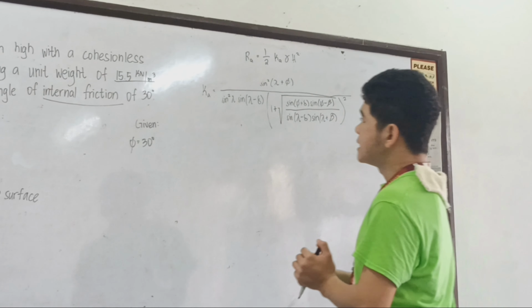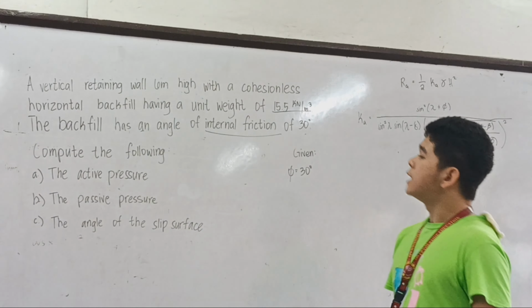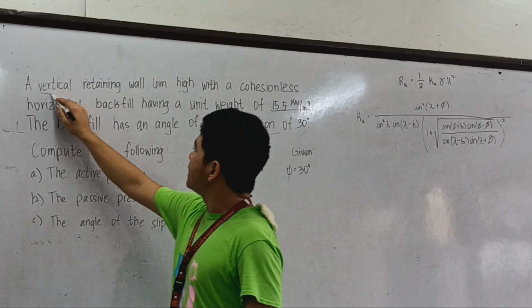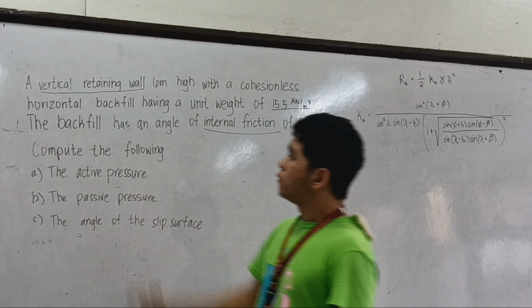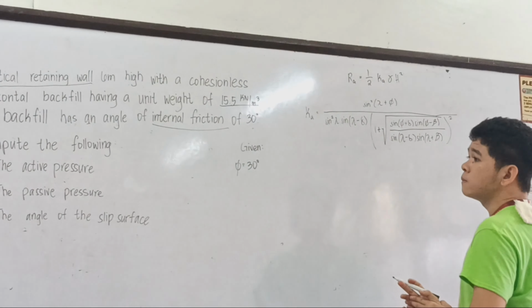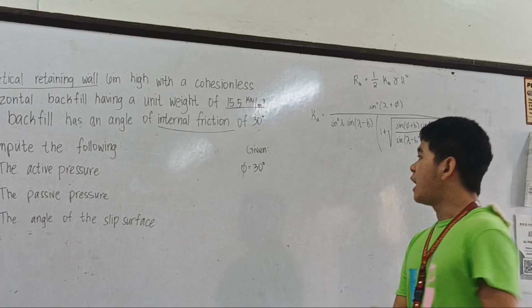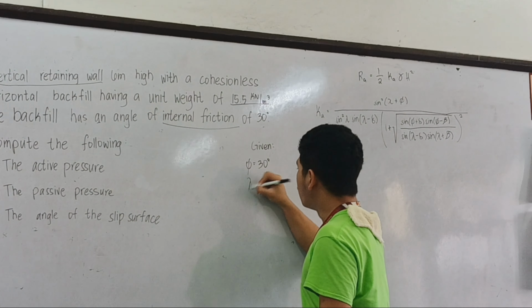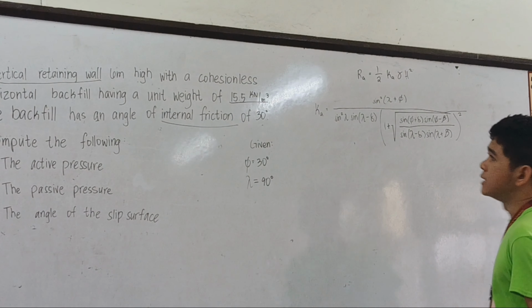So let us identify the givens of the problem. The problem states that it has a vertical retaining wall, meaning our lambda, or the angle of the wall, is equal to 90 degrees, which is a right angle.